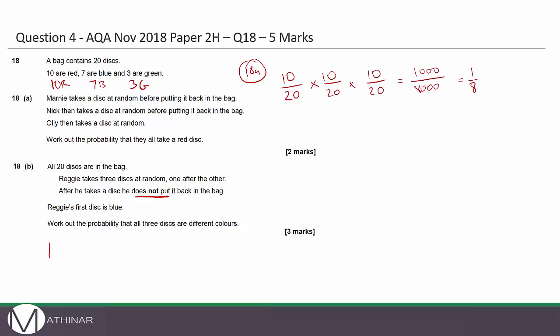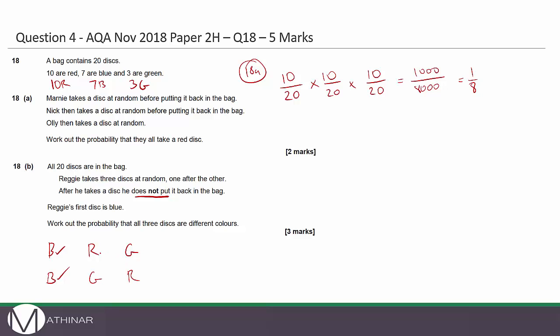So if we already know that the first disc is blue, then the second disc would have to be red or green, and then the third one would have to be the other one. So we've got blue, and then we can have green, and then we can have red. These are the only possibilities of getting 3 different colours, because we already know that the first disc has already happened.